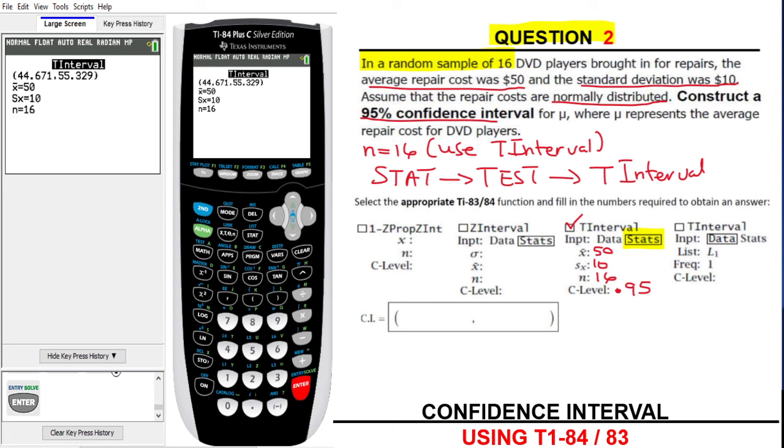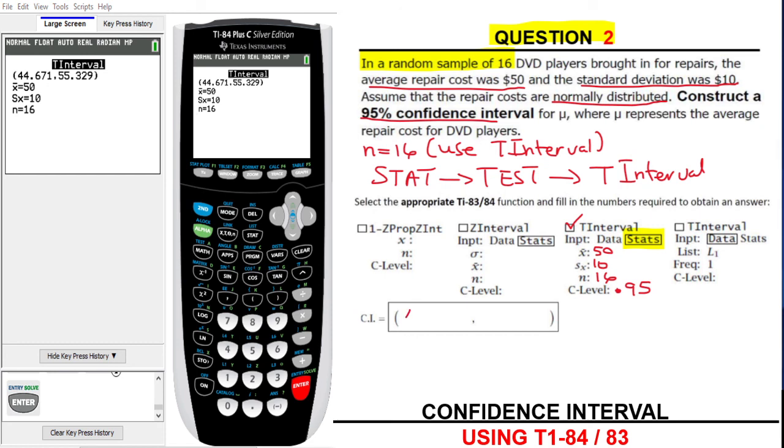So then when we hit calculate, it gives us the lower confidence limit and then the upper confidence limit. So what would be our answer? Well, they did not really say we should round anything, so let me write what we have here.